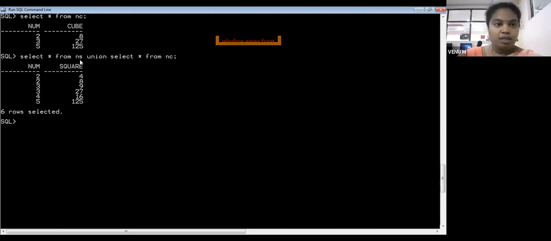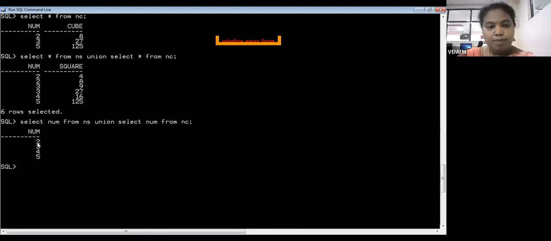Either the tuple present in NS or the tuple present in NC has to be displayed. So here no need of displaying everything. Num is enough. So 2, 3, 4, 5, whether present in NS or in NC, has to be displayed for union.